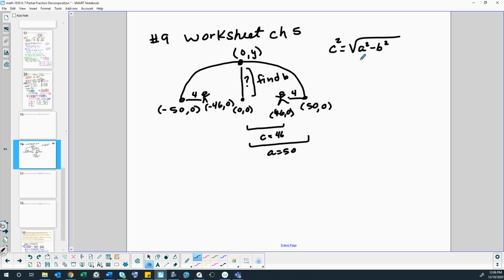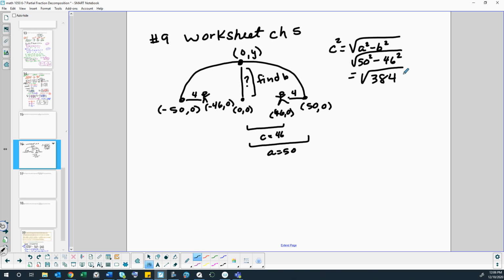All right, so let's plug those numbers in. So A would be 50 squared, and then B squared 46 squared. Let's calculate that. If you want to calculate it with me, that would be great. Check each other's work. So 50 squared minus 46 squared gave me 384.